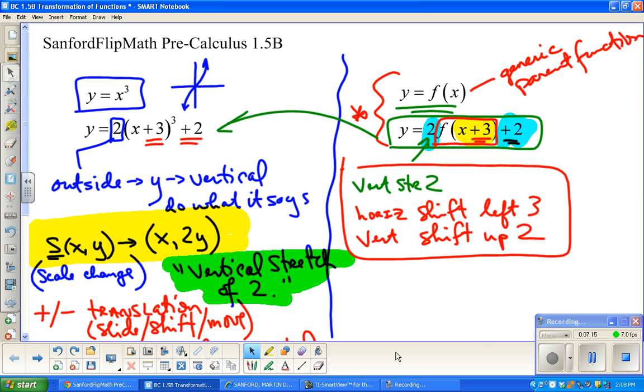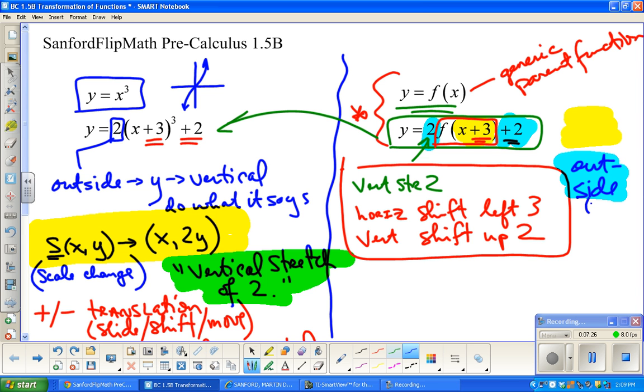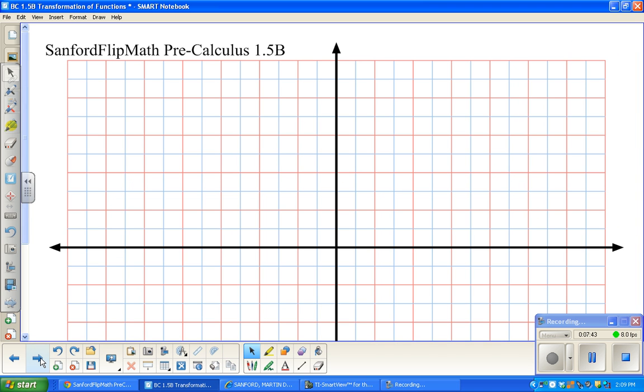Okay, so this is outside, again, about y, do what it says. This is inside, it's about x, do the inverse. All right, so that's my quick little recap, and you can feel free to go back to the other video, 1.5a, for more of that.